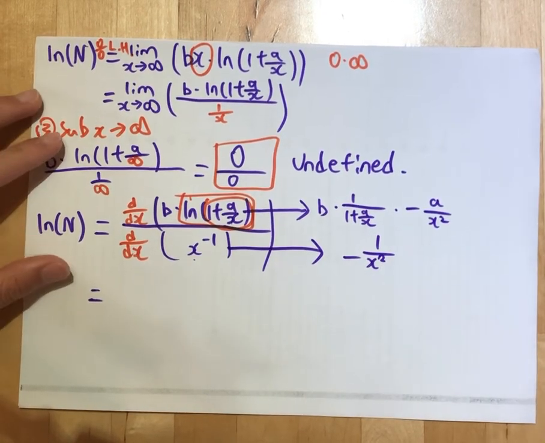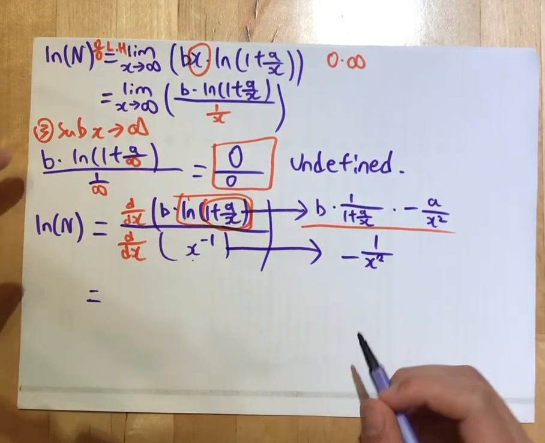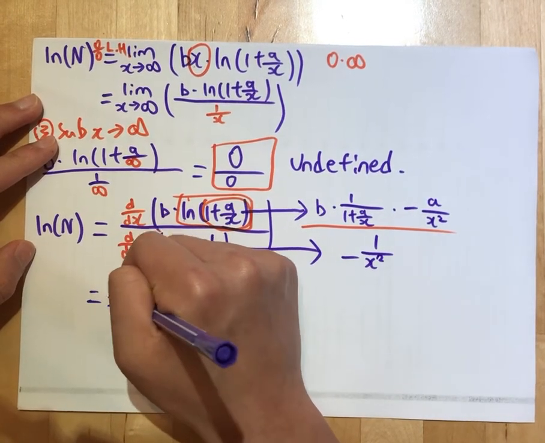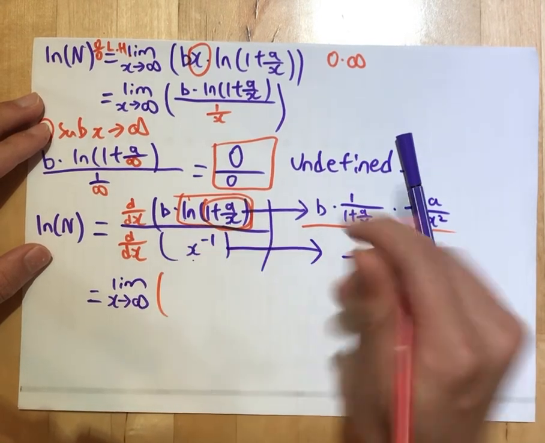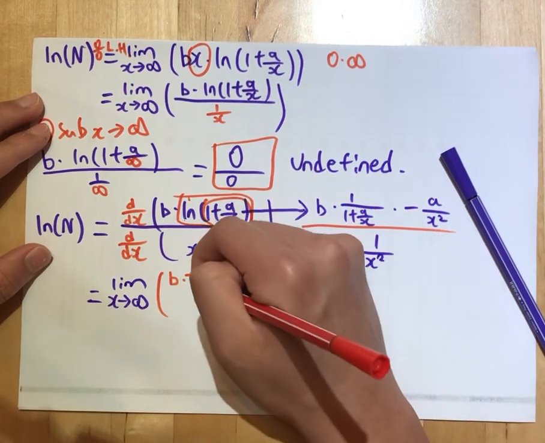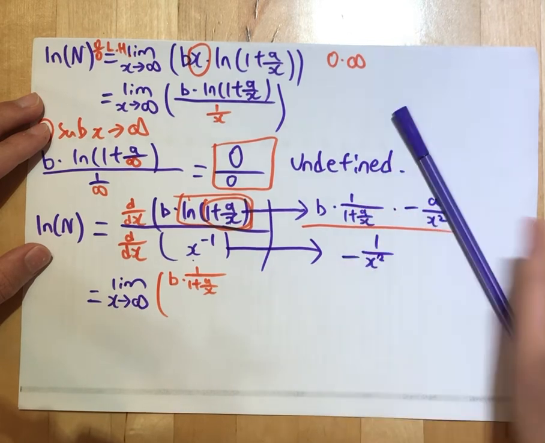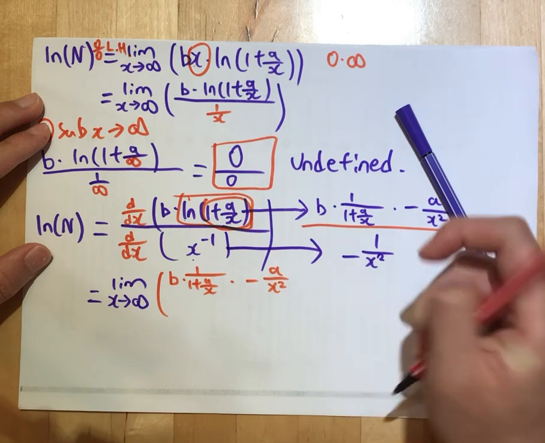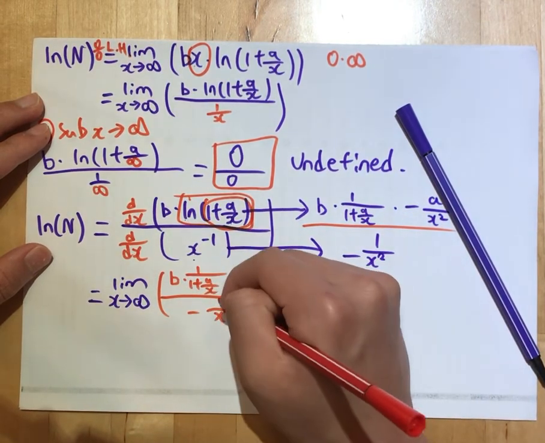This is not simple differentiating skills. So our question now becomes the limit as x approaching infinity of b multiplied by 1 over (1 plus a over x), multiplied by negative a over x squared, all over negative 1 over x squared.